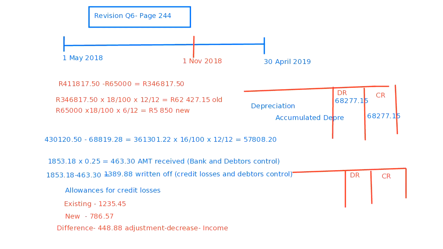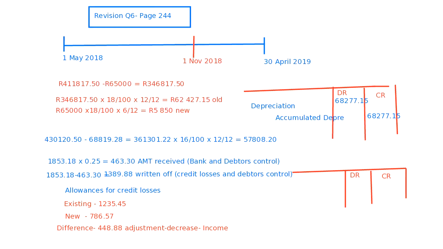Remember, the two accounts are allowances for credit losses and allowances for credit losses adjustment. Because allowances for credit losses adjustment is an income, will I debit it or credit it? I'm going to credit it, meaning I'm going to debit the other.